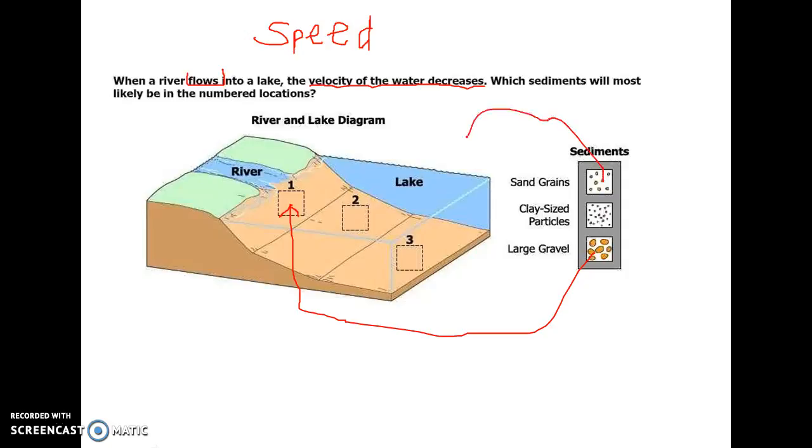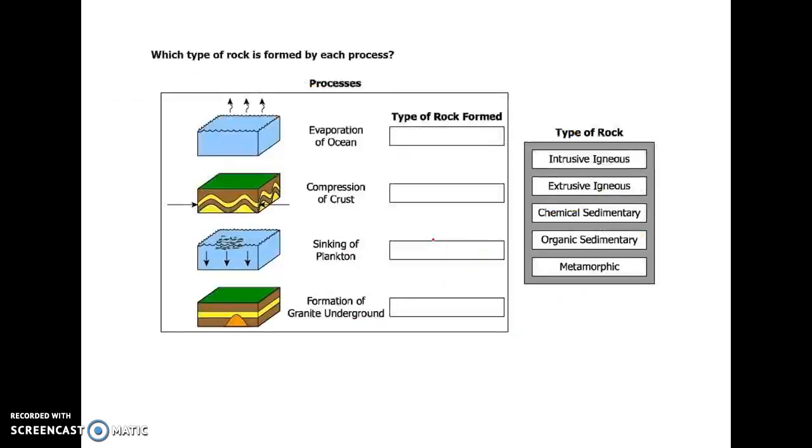Using the same logic, that the largest thing is going to fall out first, the medium-sized one will fall out next, and then the smallest one will fall out last. And that's how we would think through a question like this.